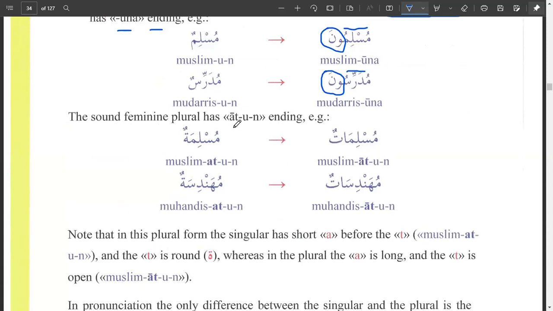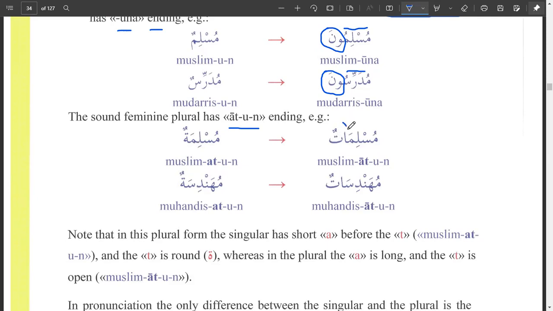And the feminine sound plurals have the ending atun. Muslimatun. In the singular Muslimatun, we don't prolong the a. But when we make it plural, there is the sound of atun.